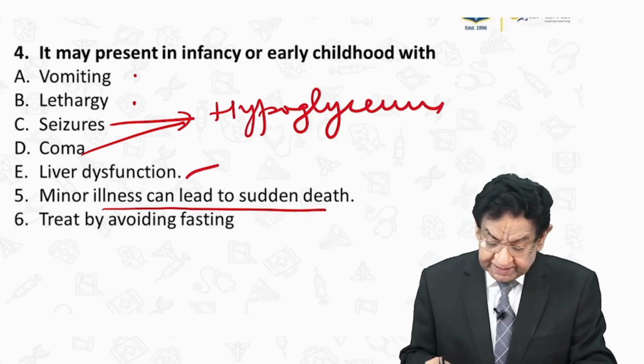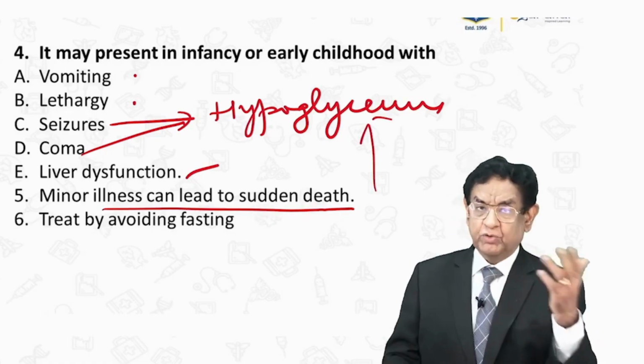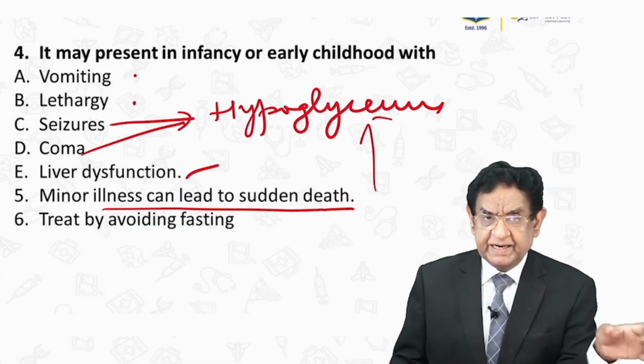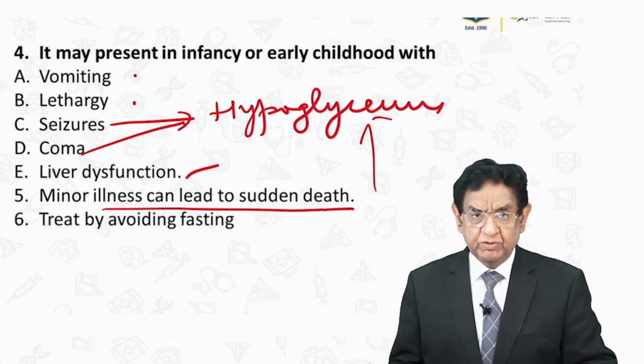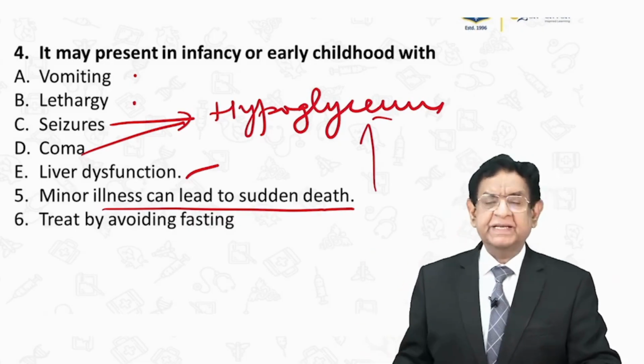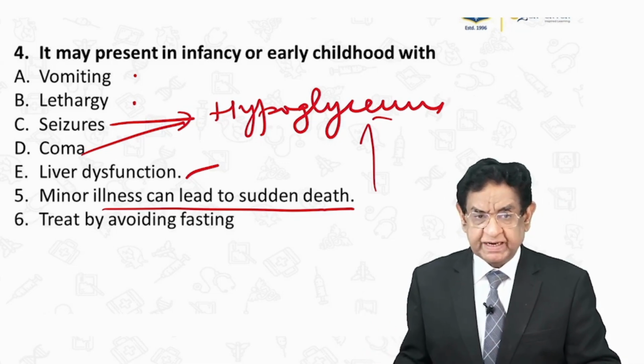Mild illness can lead to sudden death, again the reason being hypoglycemia. We all know very well, whenever any illness occurs, that needs a lot of oxygen consumption and a lot of glucose also. Fever causes an increase in metabolic rate. But the sugar value is already very low, so they can die because of severe hypoglycemia.